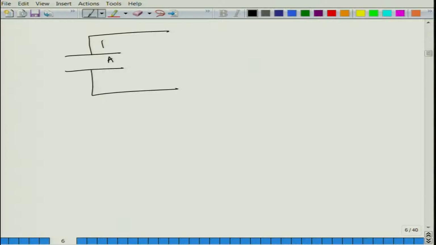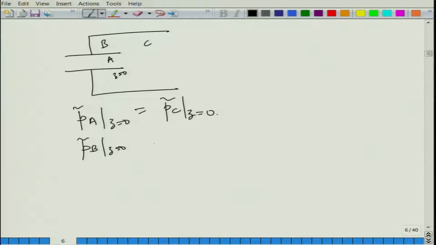This is region A, B and C. At z equal to 0, P A at z equal to 0 is equal to P C at z equal to 0, because the field continuity must always be satisfied. Over this region the pressure is the same, and at each and every point the pressure in the annular port just at z equal to 0 is the same as at z equal to 0 in C.